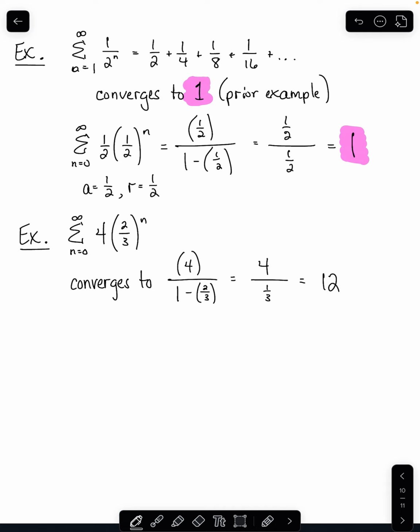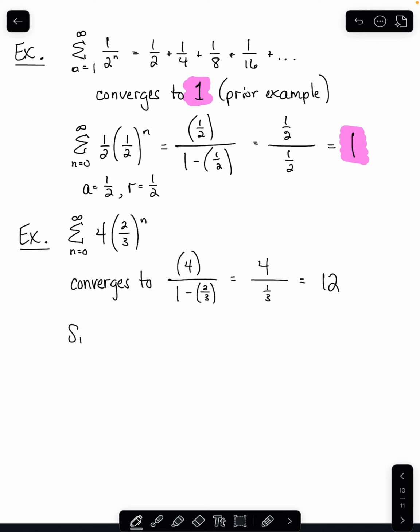And therefore, this should converge to a sum of 12. Now again, this is not necessarily the most obvious thing. So let's apply the original technique of defining s sub n.